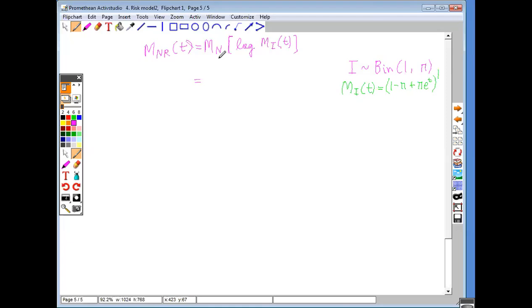To figure out the MGF for my capital N, what do I have to do? Do I have to derive it again, or do I know the distribution of N and can I maybe see it in the table booklets? What do you guys think?